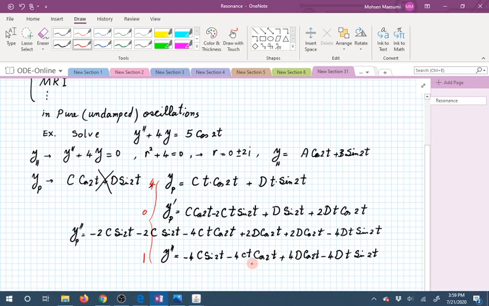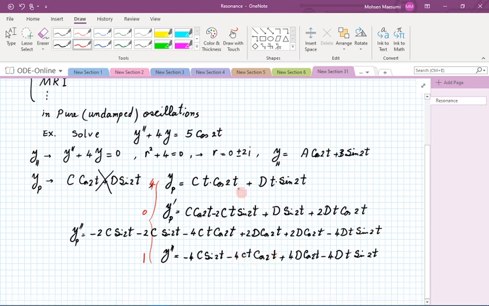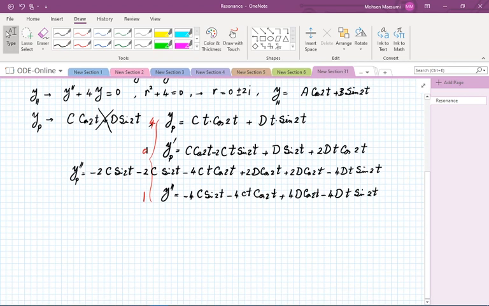Well, obviously when I add this to 4 of that, these two cancel each other out, and this very nicely cancels that one out. What's going to be left? So let's write it. 1 y double prime plus 4y, this is all yp, the particular solution.